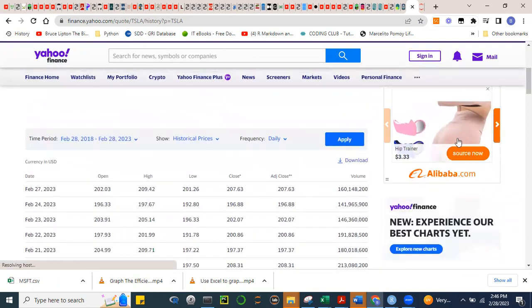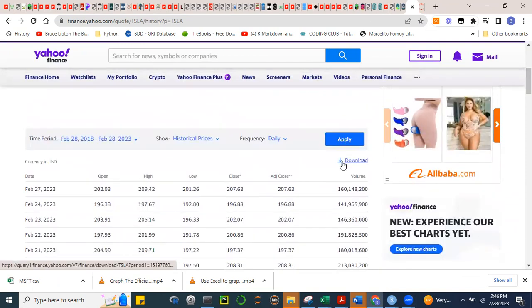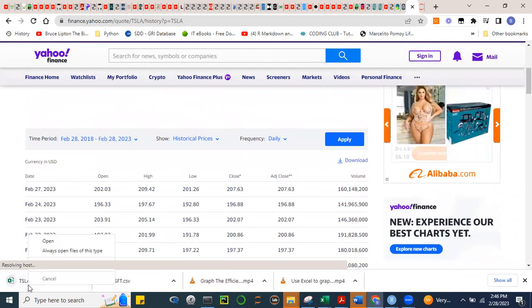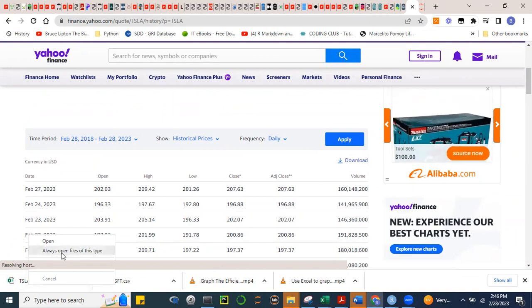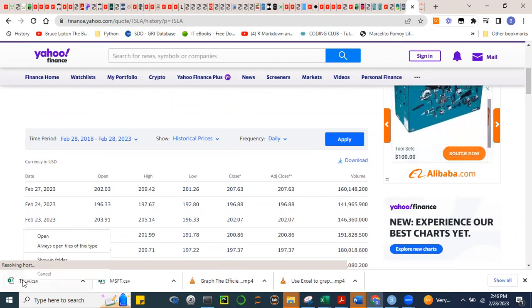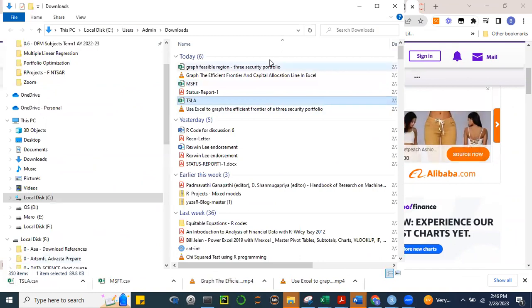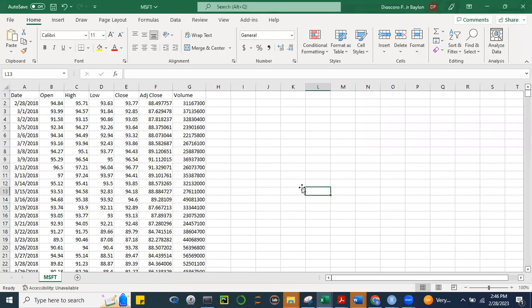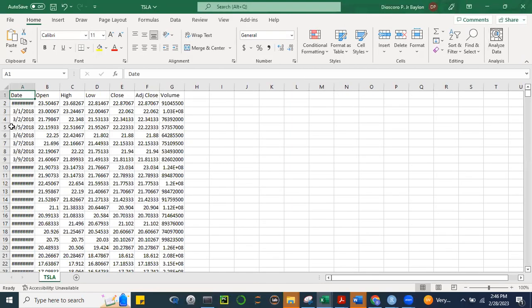So let's download this again also. Download. Okay, so I have here Tesla. Show in folder. And let me open this. And then I'm going to copy this.